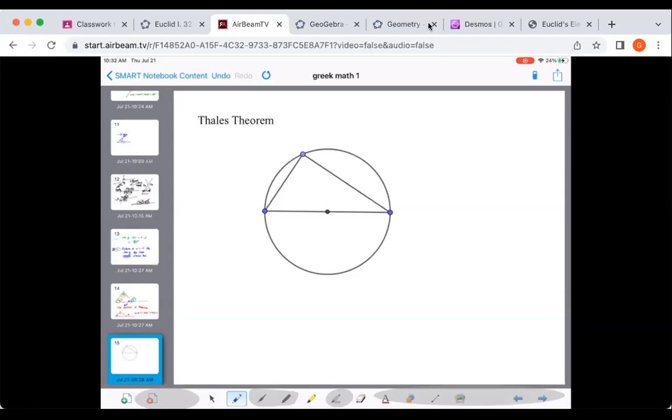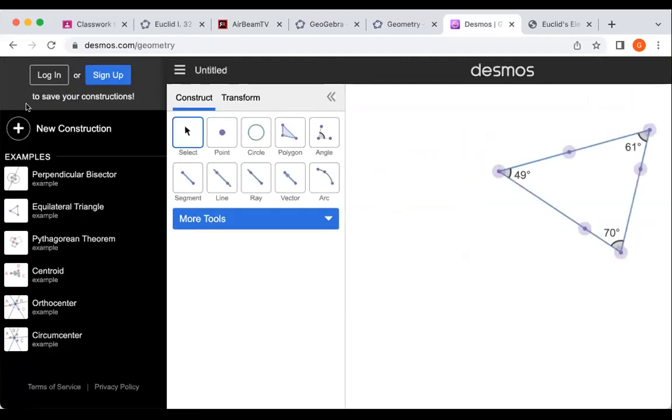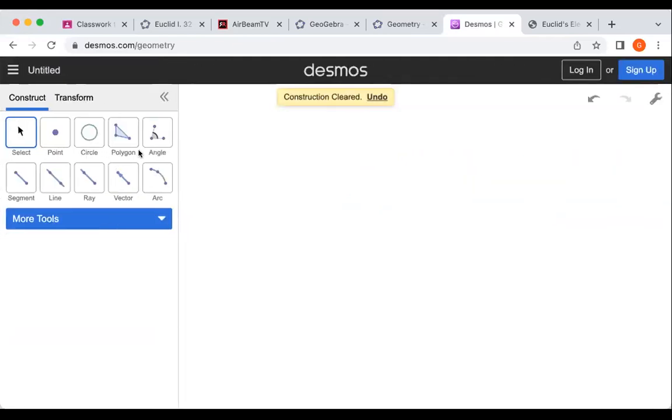I think if I come over to Desmos, make a new one. Check this out. I make a segment. More tools. Make a midpoint. Make a circle.